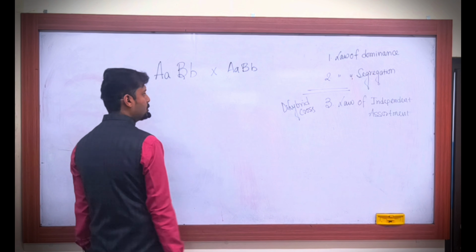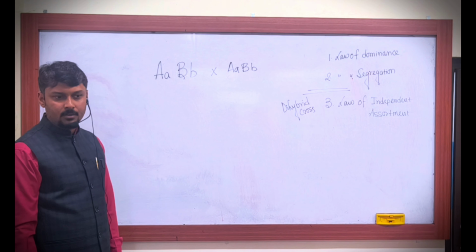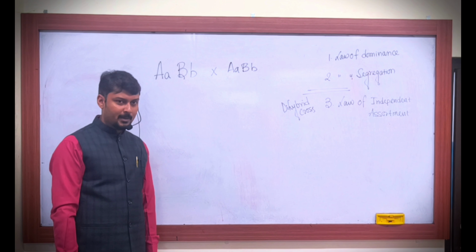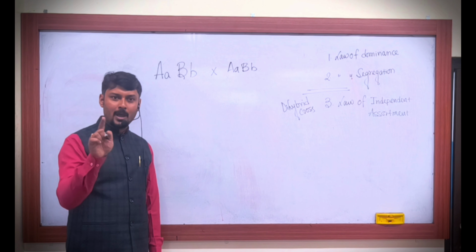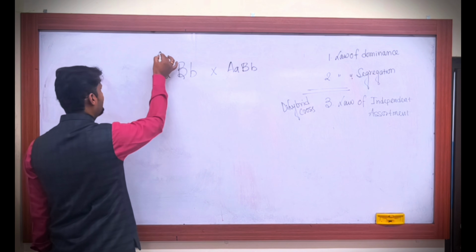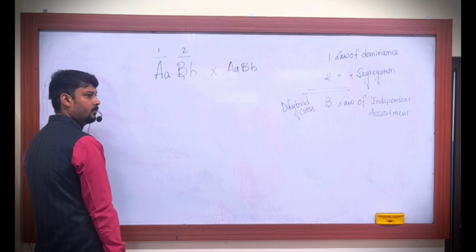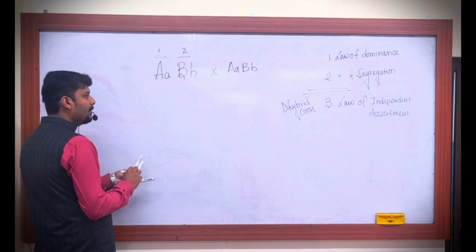How many genes are present here? 2 genes are present. Remember that: here there are 2 genes because there are 2 alphabets. Whenever there are 2 alphabets, that stands for 2 genes. This is the A gene, this is the B gene. Now, how will the law of independent assortment be applicable?